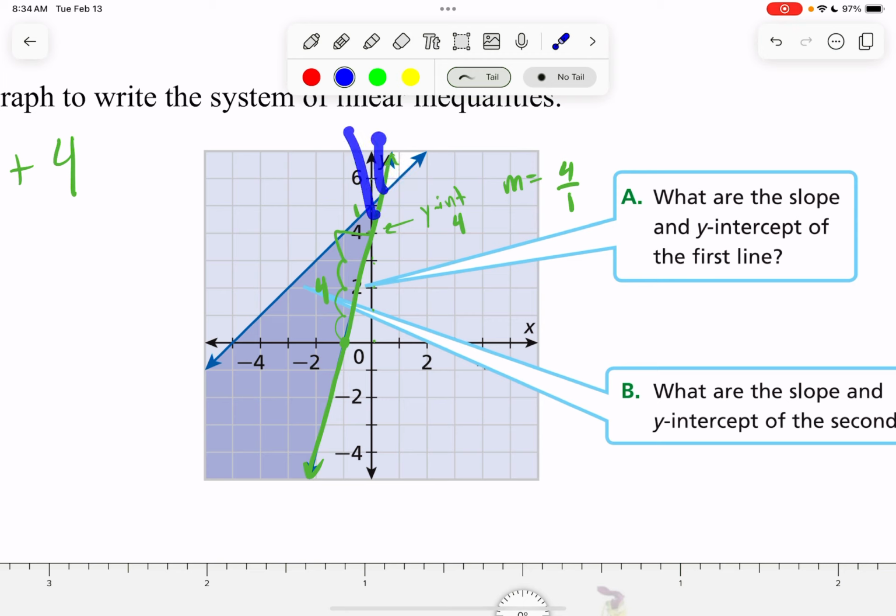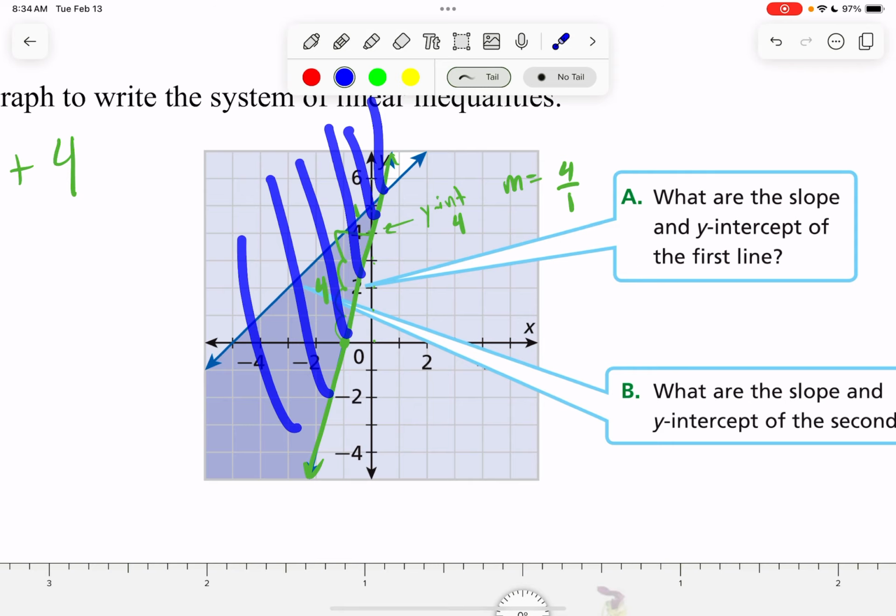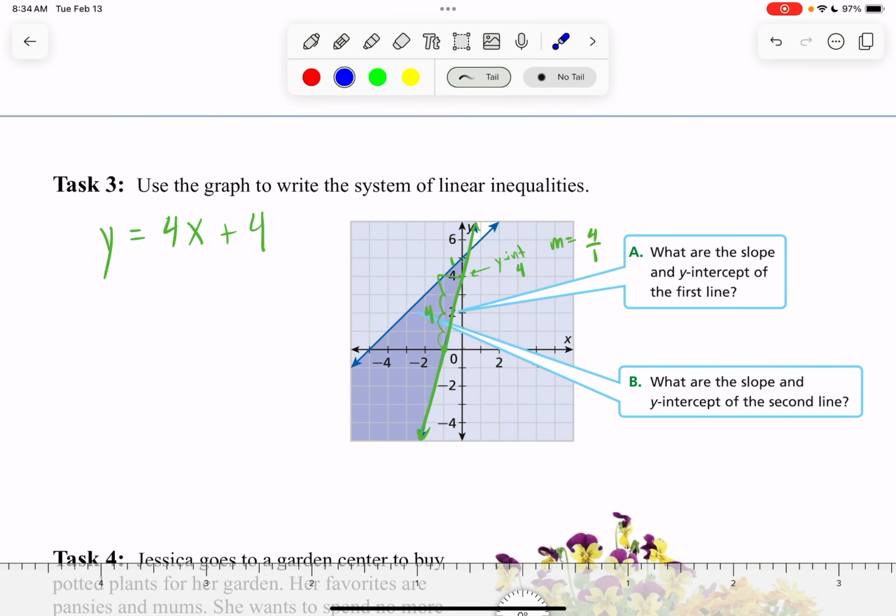So that means I'm actually shading above. So this would be a greater than. I would get rid of this equal to, and it would be y is greater than 4x plus 4. Is the line solid? It is, so equal to. So there's my first equation: y is greater than or equal to 4x plus 4.